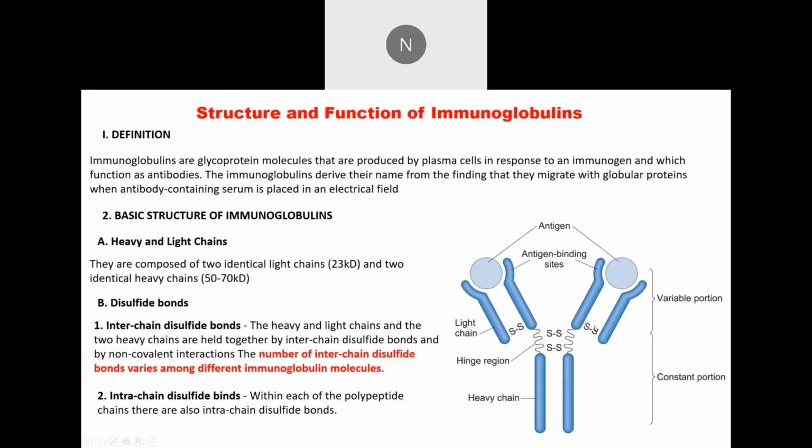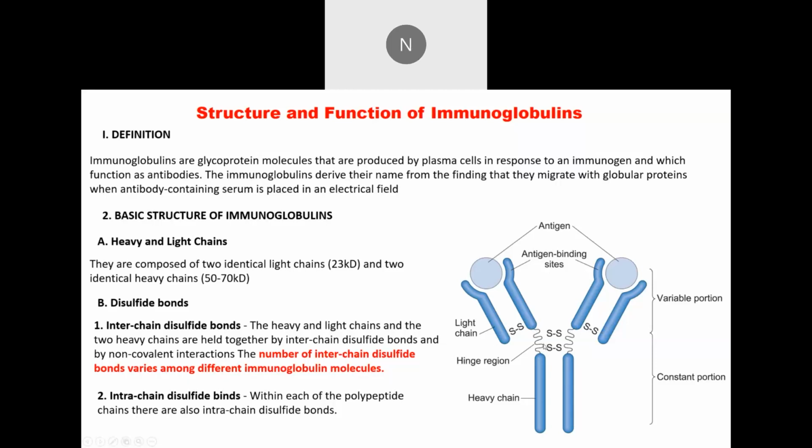So this is an interchain disulfide bond. This is binding the two chains here, and this is connecting the two portions of the heavy chain.